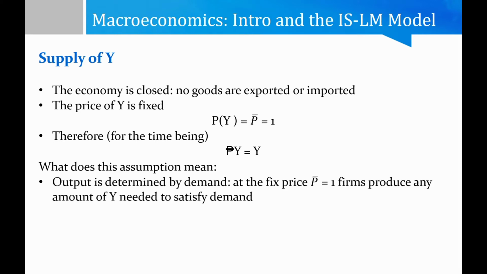So, for the time being, nominal GDP or the supply of Y or aggregate output is equal to 1 times Y, which is equal to Y. What does this assumption mean? It suggests that output is determined by demand. At the fixed price of 1, firms produce any amount of Y needed to satisfy demand.